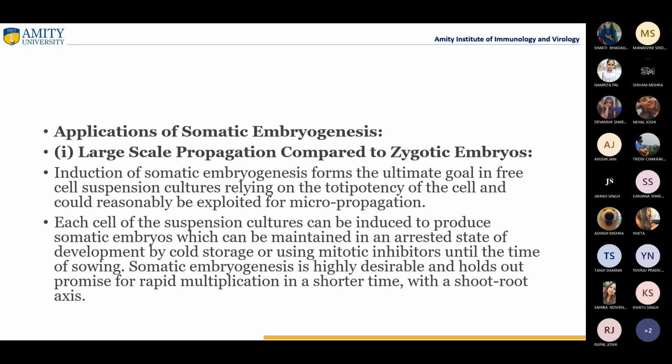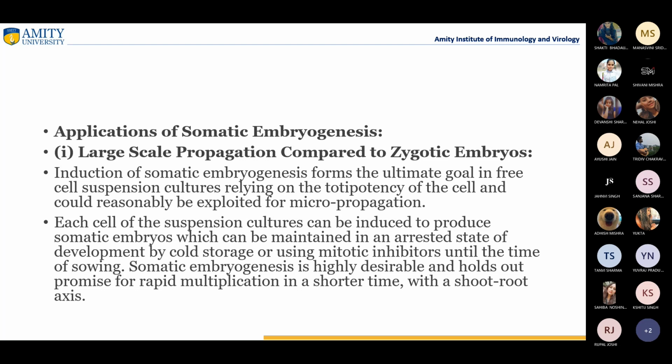So induction of somatic embryogenesis forms the ultimate goal in free cell suspension cultures. It again relies on the totipotency of the cells and could reasonably be exploited for micropropagation, right? So micropropagation is another small technique in tissue culture by which a number of plants can be produced, right?